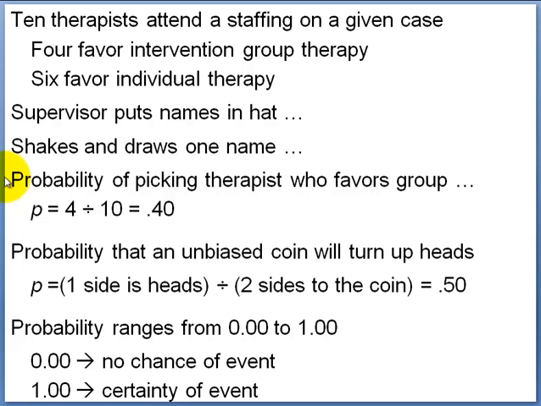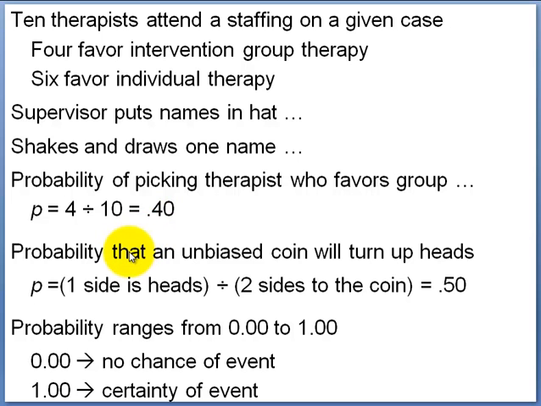What is the probability of picking a therapist who favors group intervention? We have 4 therapists who favor group, which is to say 4 events are group. We have a total of 10 therapists, so we can think of this as the total number of events. So the probability of picking a therapist who favors group is 4 divided by 10, or 0.40.